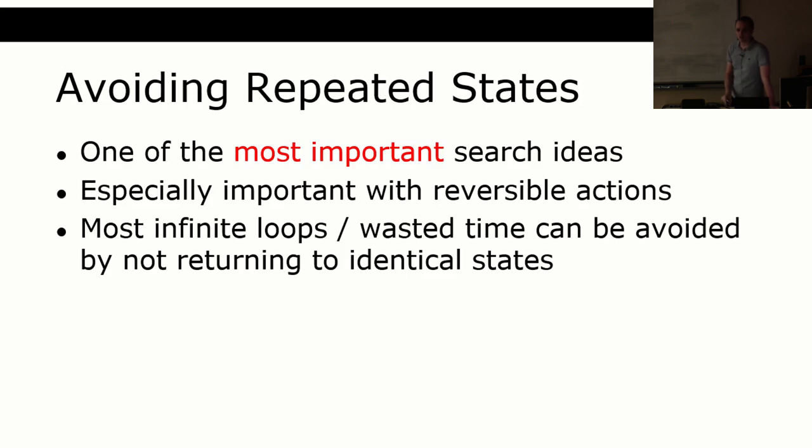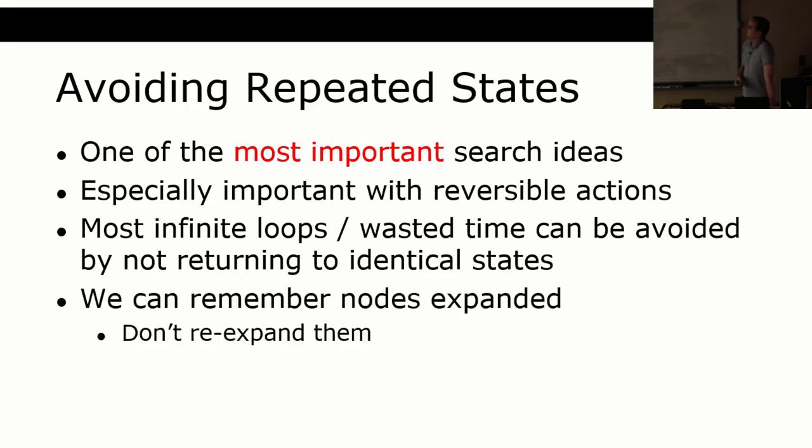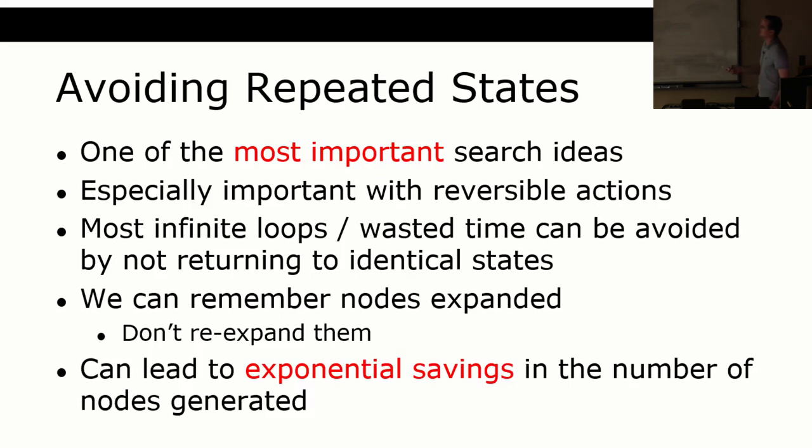So by definition, if we go back to the same state, we have a worse path. This is the idea here. We can remember nodes that we have expanded and then not expand any other nodes that have the same states as those nodes. And this can lead to an exponential savings in the number of nodes generated. Saving exponentially is exactly what we want.